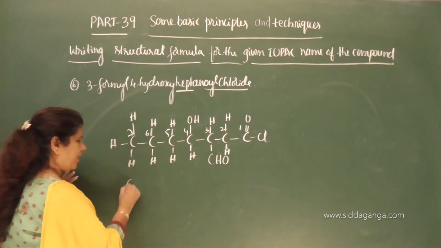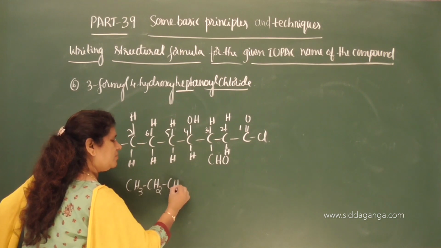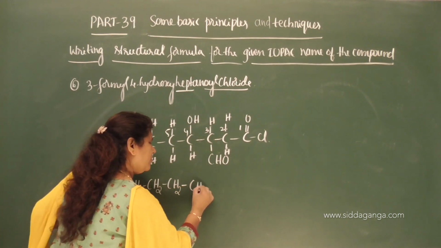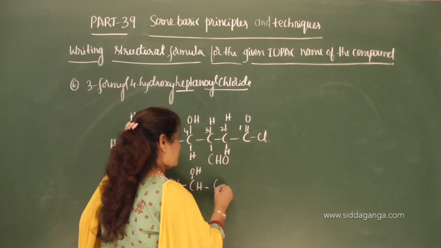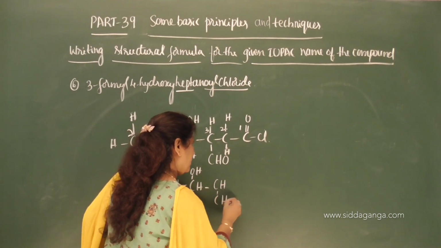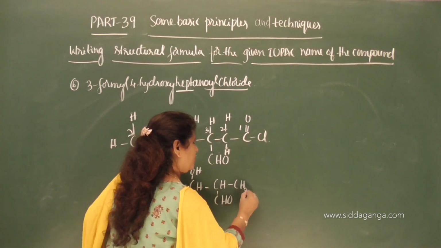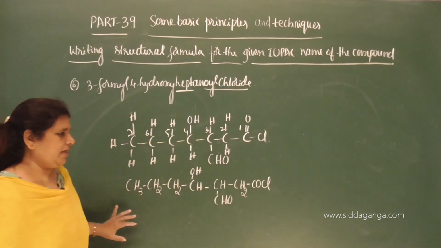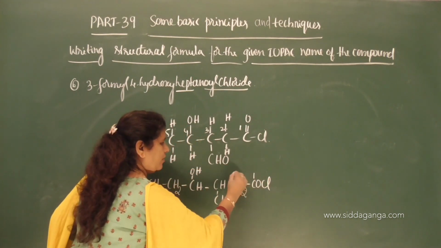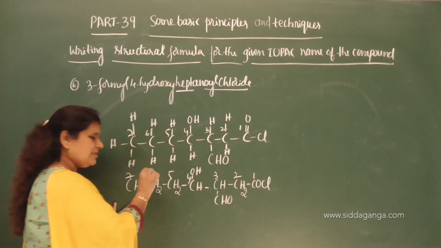Now, you rewrite the compound: CH3, CH2, CH2, CHOH, CHCHO, CH2, COCl. That is 1, 2, 3, 4, 5, 6, 7.